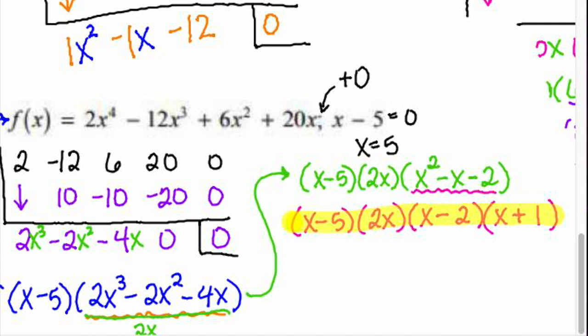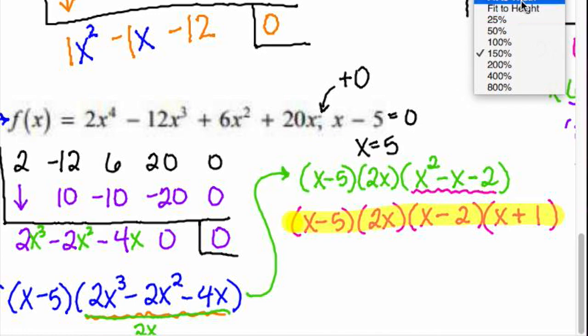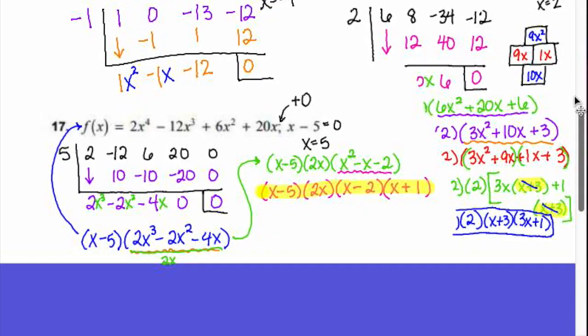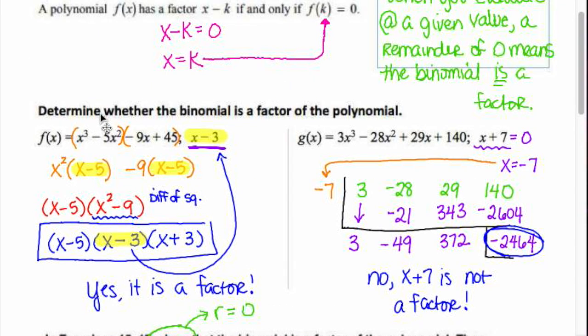Okay, so the big idea on these is making sure you understand what the directions are asking you for each one of these problems. So again, just to go back and double check, it says determine whether the binomial is a factor. Determine would be a yes or no. Determine whether you're going to go to a movie on Friday. That's a yes or a no, right? So that's where you're going to go through and look to see, do you have a remainder of 0, or when you factor it out, is it actually a factor?